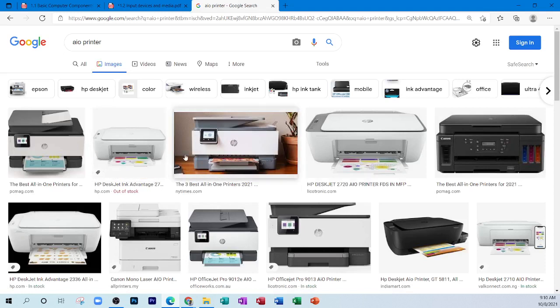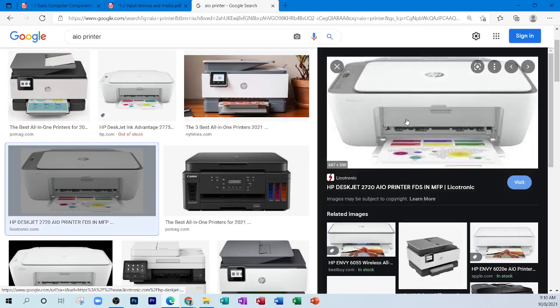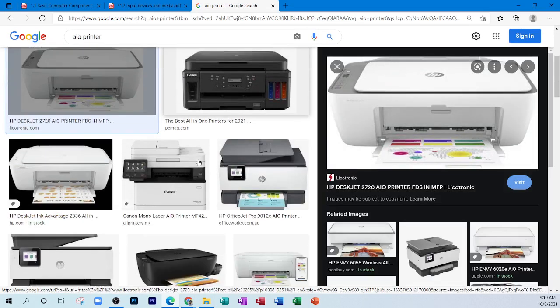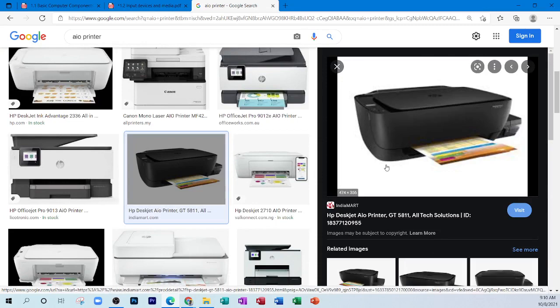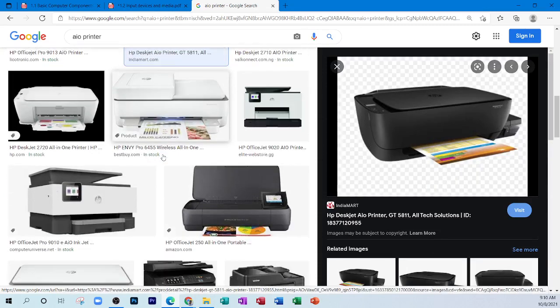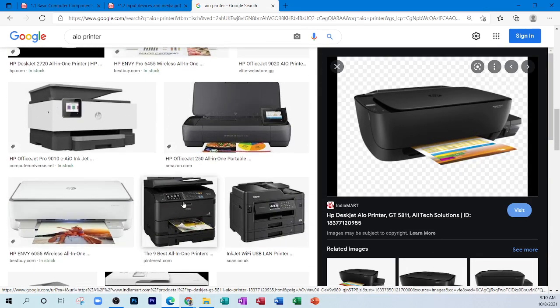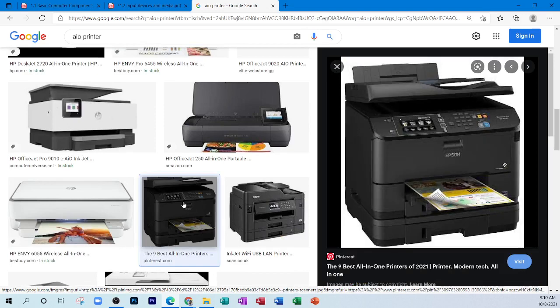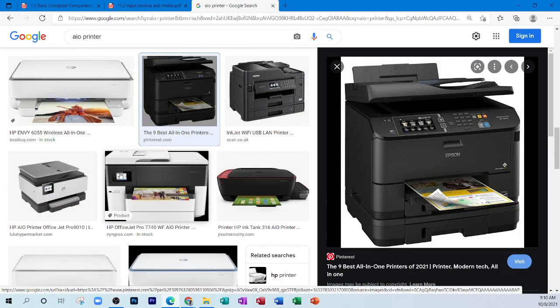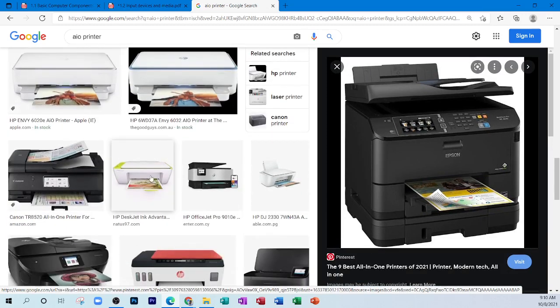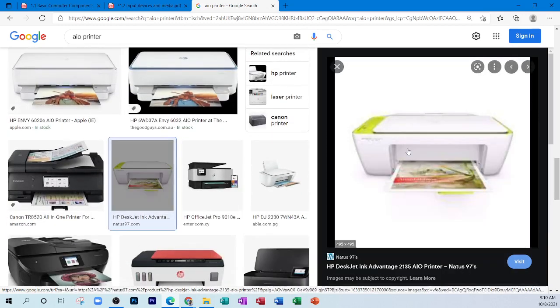And it would look very familiar to you. I'm sure some of you that have printers at home might have one looking like this here, or something looking like this here. Only if you're very rich might you have one looking like this in your home. But generally, you might have a printer looking like this here.